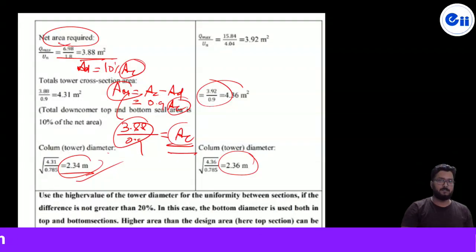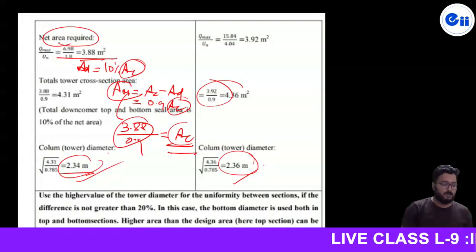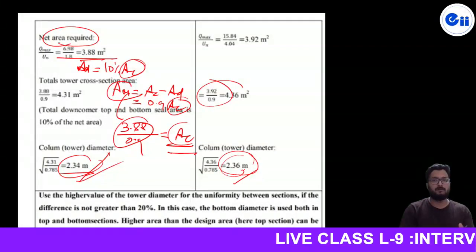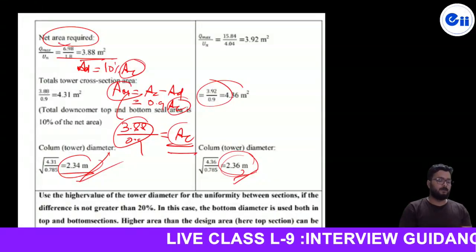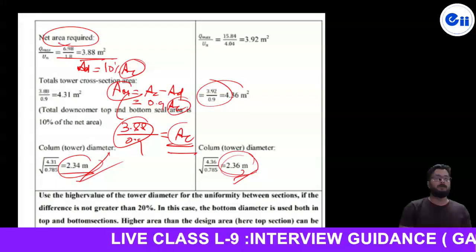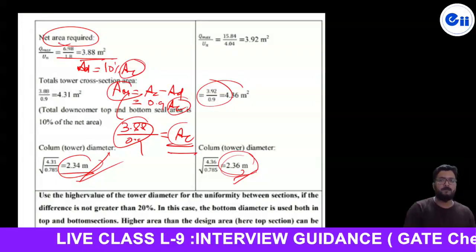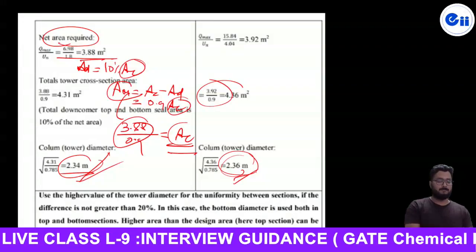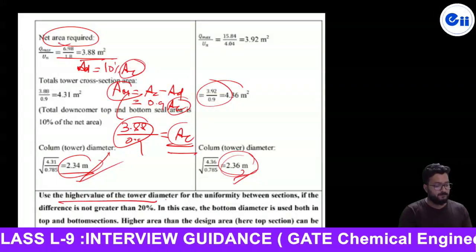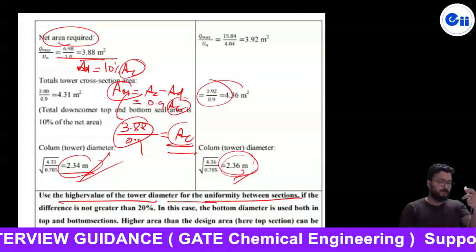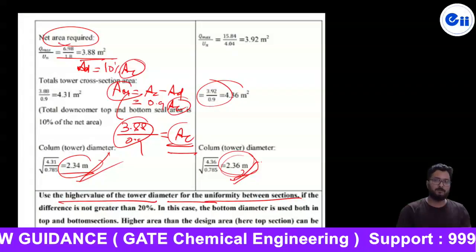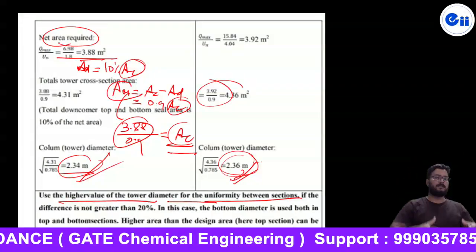Diameter is uniform everywhere, but as far as the design point of view, we have to choose the value of diameter which is maximum, because if we choose the smaller one, then we are not able to perform the bottom operation. That's why we have to use the maximum diameter among those calculated. So between the two diameters we have to use the one which is maximum. Use the higher value of tower diameter; it will be uniform between sections, it will not be different at the top and at the bottom. 2.36 has come, and assuming that, we will design the whole diameter, right.